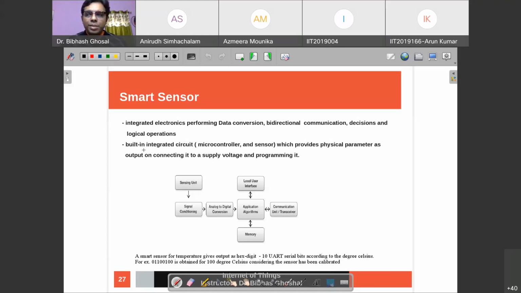So some basic algorithms also need to be worked upon, and you need some kind of logic circuitry associated with that. All these together are often called a smart sensor, because some processing can be done and some decision making can be taken. So you can run some algorithms here. That is the reason why it's called a smart sensor. We'll talk about that later on.